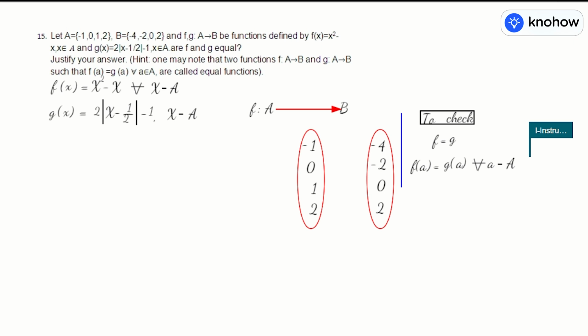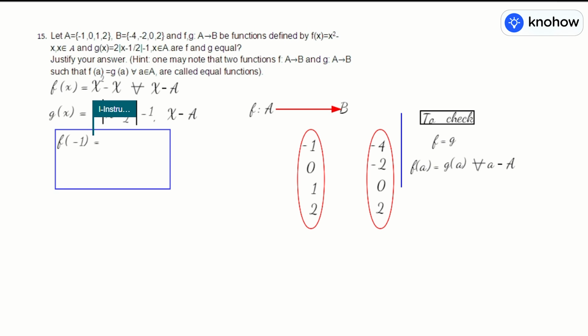So what is f(-1)? f(-1) will be (-1)² - (-1). So it is (-1)² which is 1, and minus minus 1 is plus 1. So it is 2. So -1 corresponds to 2.